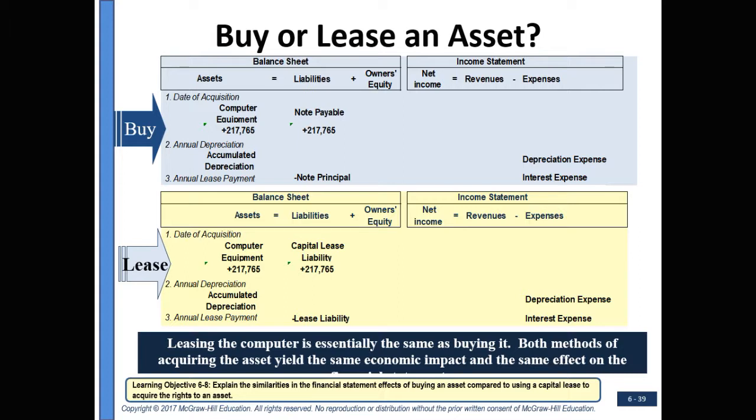When engaging in a capital lease, remember the present value of the payments is 90%, it was exactly the same. When leasing under a capital lease, it is essentially the same as buying it. Both methods of acquiring the asset will yield the same economic impact and the same effect on the financial statements.